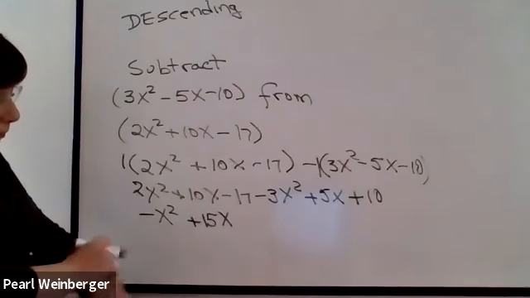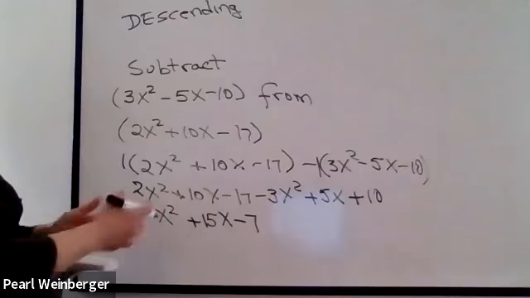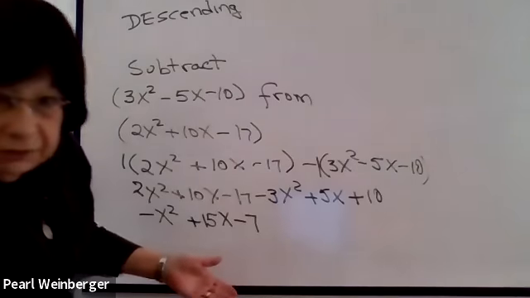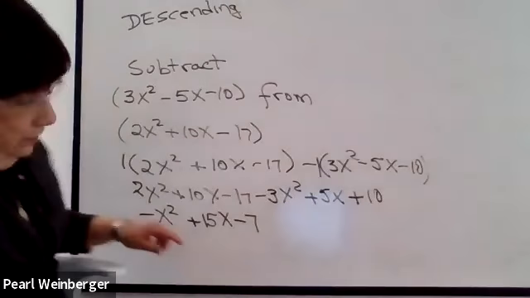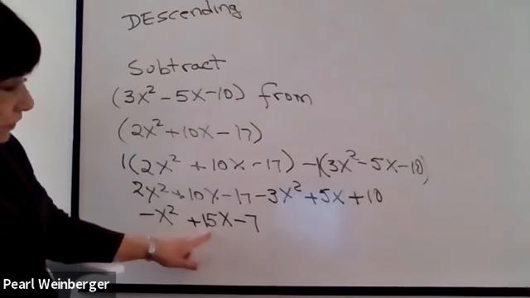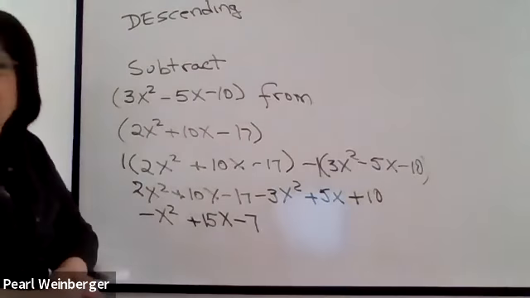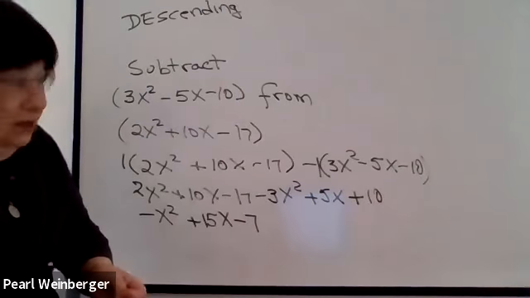And then you have the -17 and the +10 that gives you -7. Perfect. Can you do anything more with this? No, because there are no like terms. So your final answer is -x² plus 15x minus 7, which, Stacia, thank you. That was exactly the right answer.